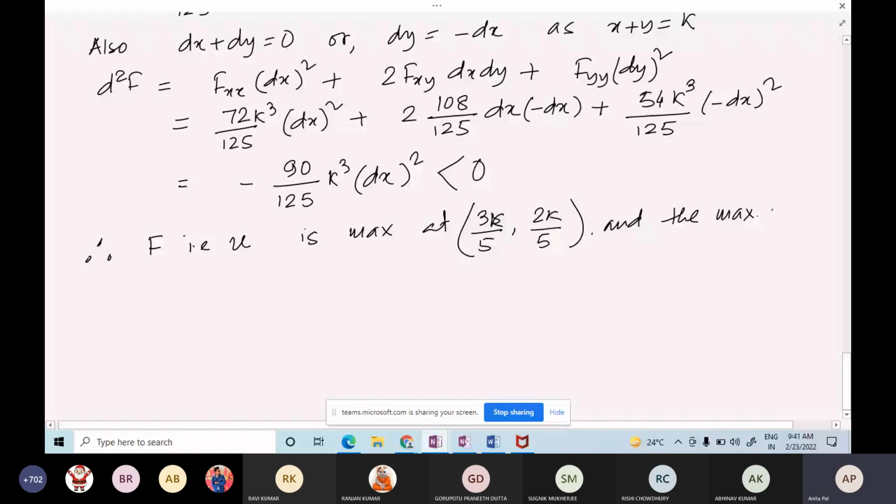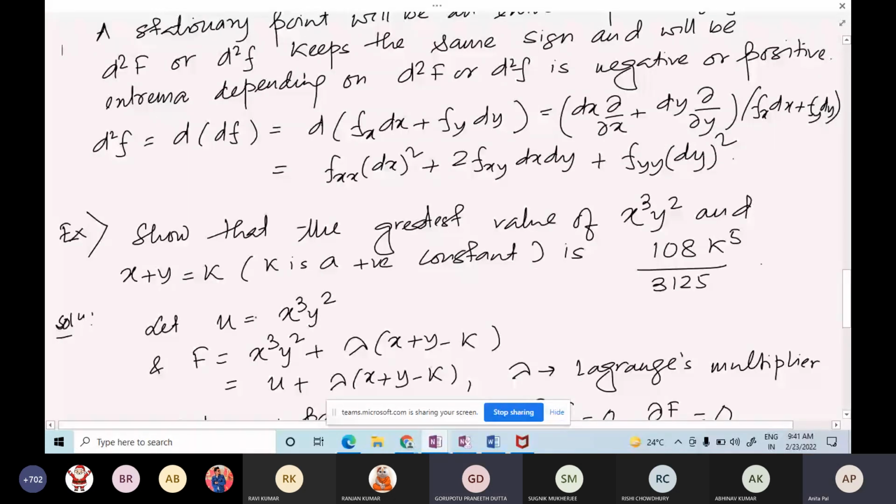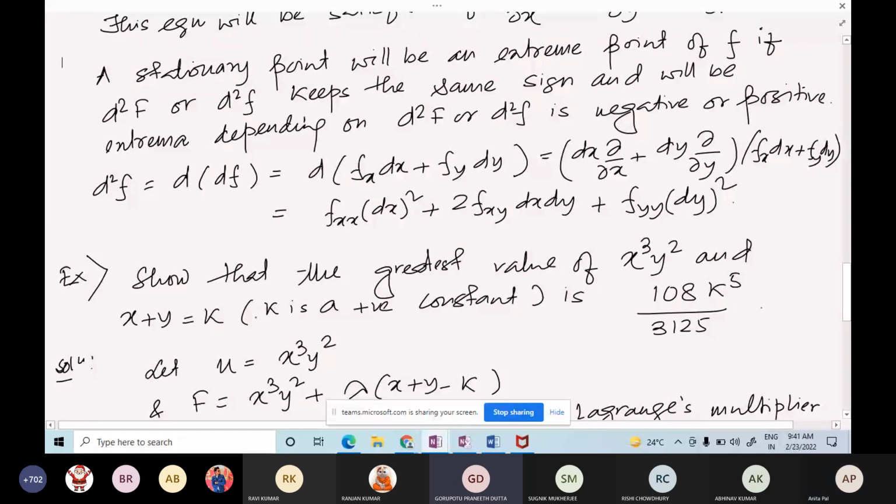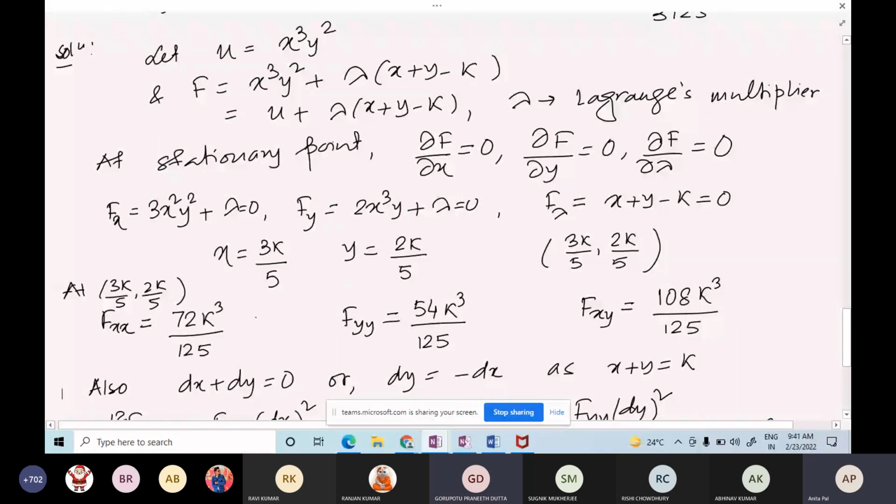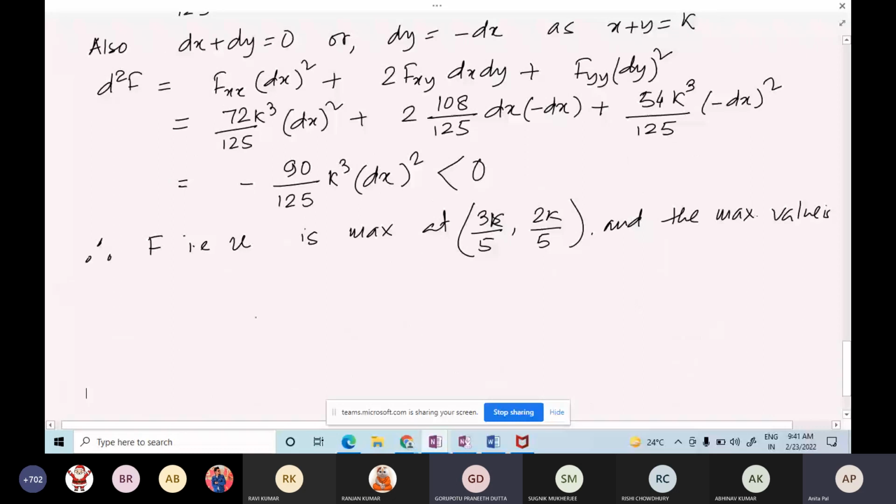What is the maximum value? You have to put it in the function. The function was x cube y square. So the maximum value will be 3k by 5 cube times 2k by 5 square.